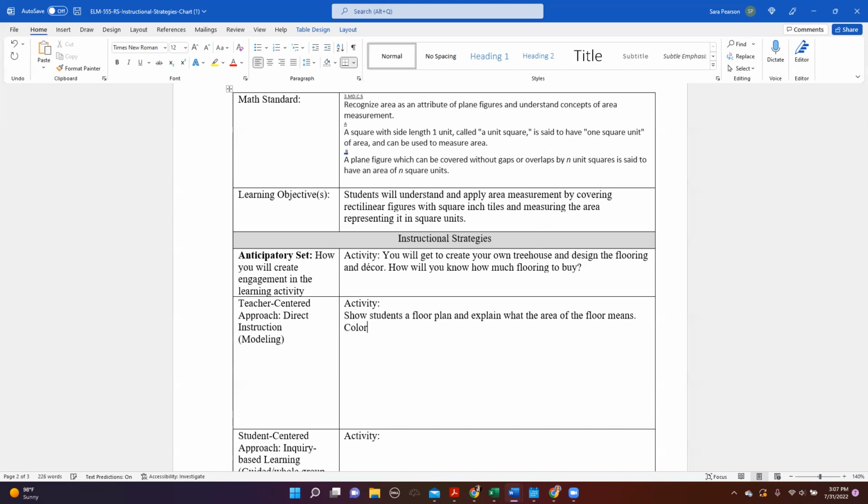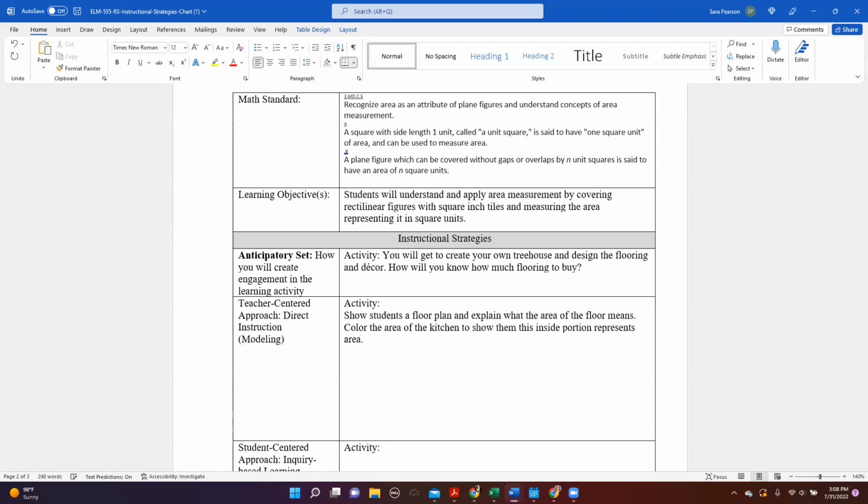And maybe I'm going to color the area of the kitchen to show them this inside portion represents area. And then I'm going to continue writing this up in a detailed manner. So I'm going to continue this activity, make it detailed so everyone understands it.